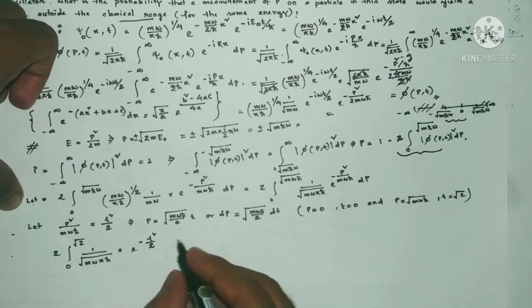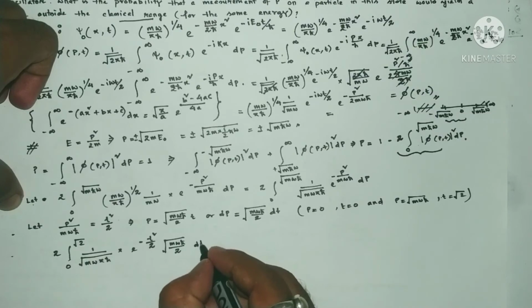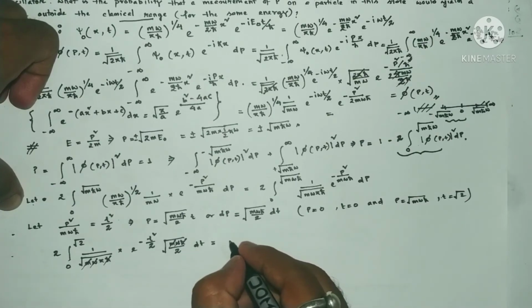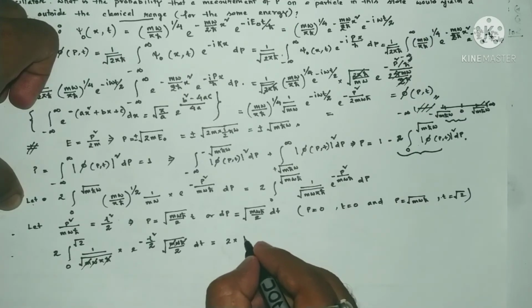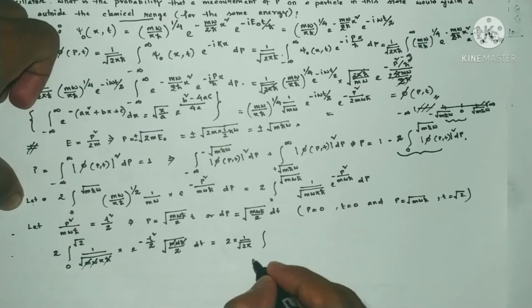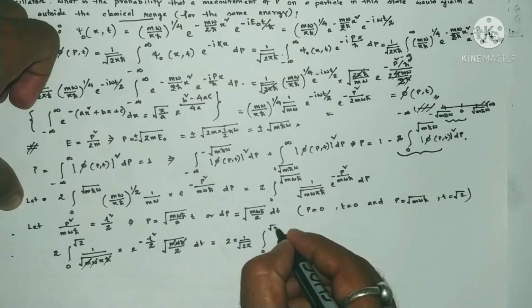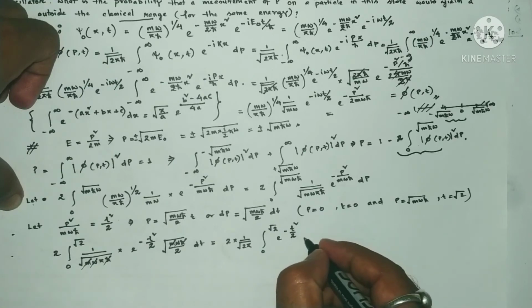The dp we can write as this under root m omega h cross by 2 into dt. This will be equal to, so this m omega h cross will get cancelled and will be left with 2 multiplied by 1 by under root 2 pi. This will be 0 to under root 2 e raised to minus t square by 2 dt.